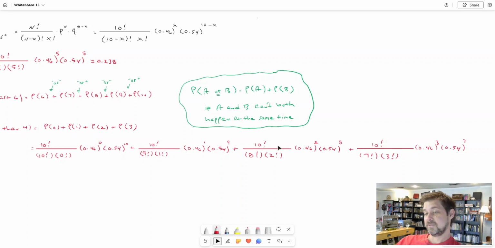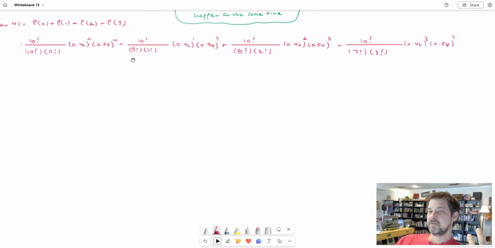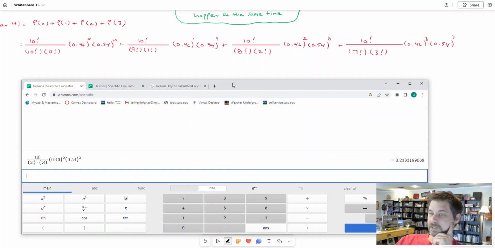If all you can do on your calculator is type these numbers into that formula, that's a lot to type in, but it can be done. So first concept, we have to add the probability of 0 through 3. Second, I write out the formula, which you see here. Third, this is what it looks like.